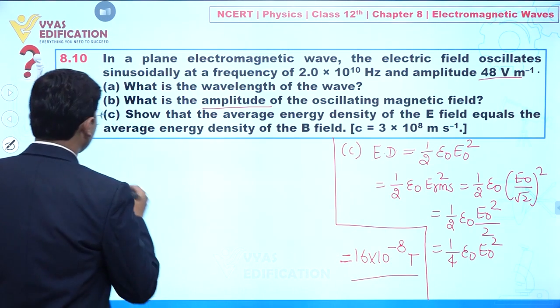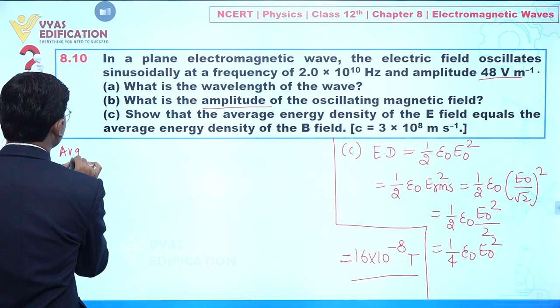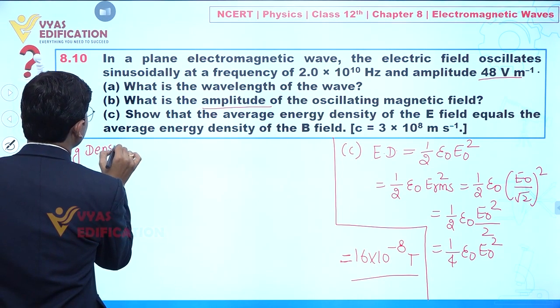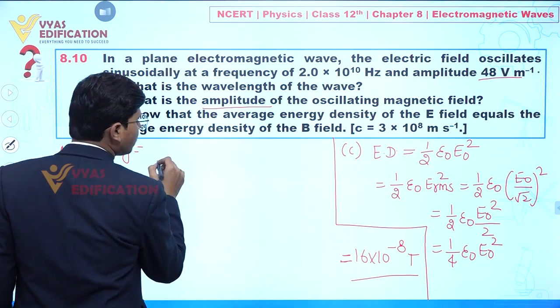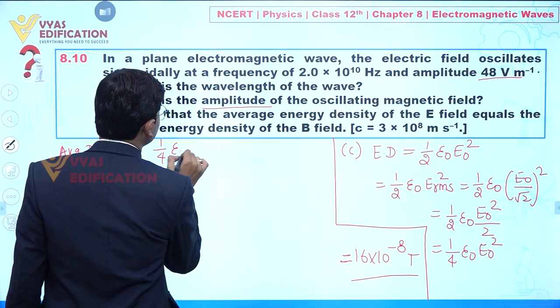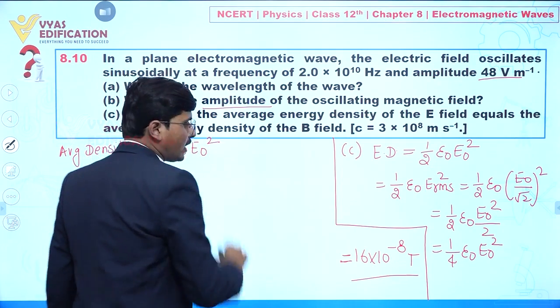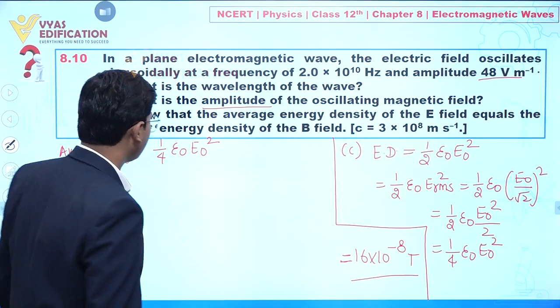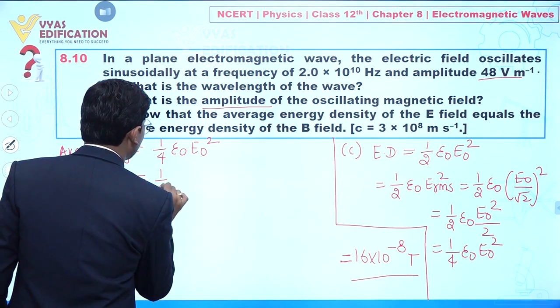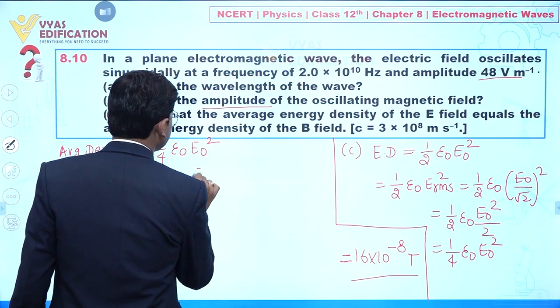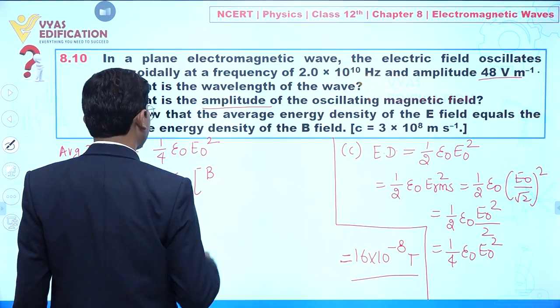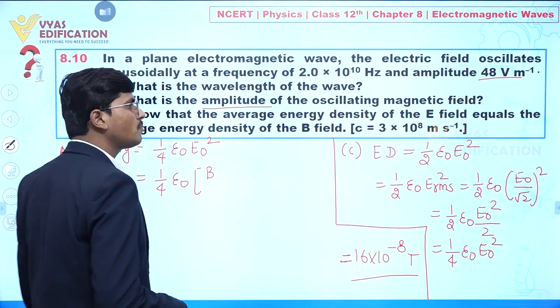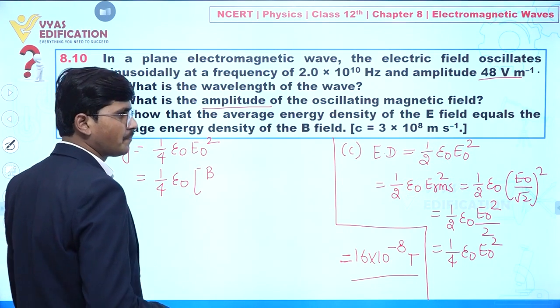Now listen, the average energy density of the electric field is given by 1 by 4 epsilon naught into E naught square. Now we know there is a relation between the maximum value of electric field and magnetic field: E naught by B naught is equal to C, yes or no?